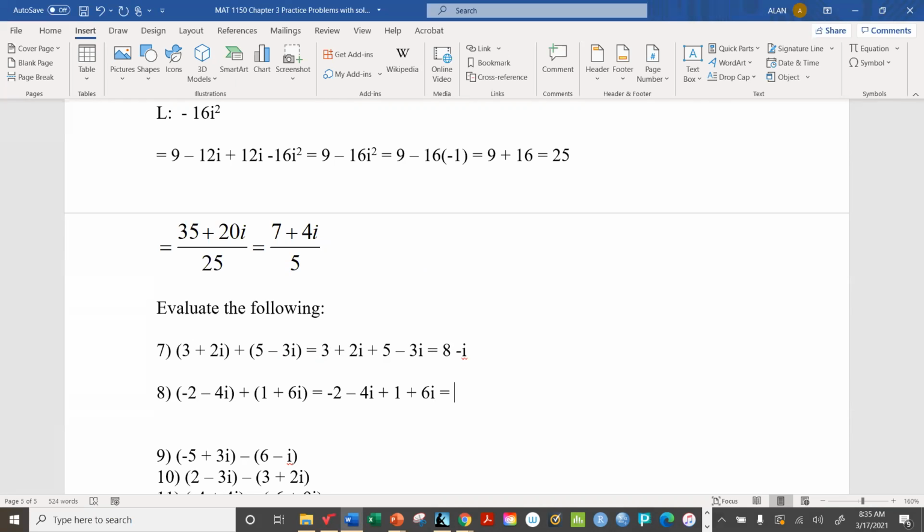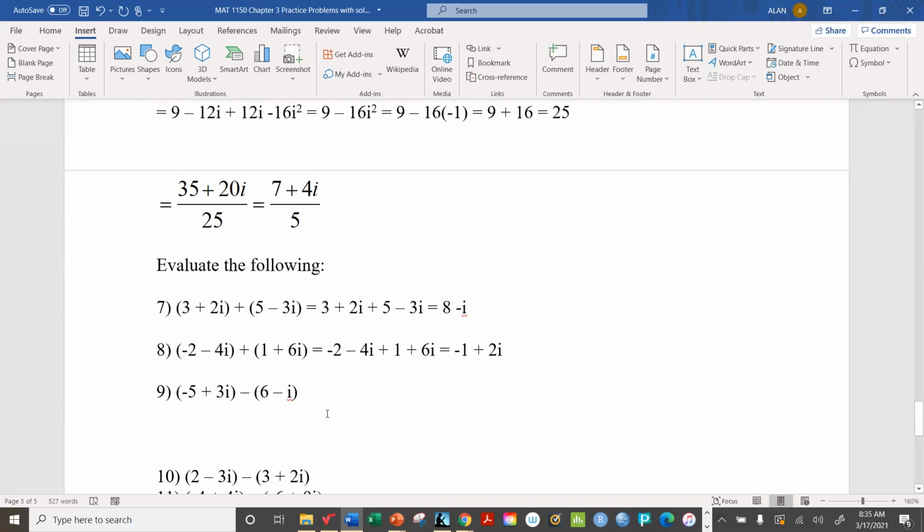Now, again, when you consolidate the constants, you get minus 1 plus 2i. And that's it, you're done. All right. Now here you have minus 5 plus 3i minus 6 plus i is minus 11. And then we have plus 4i.